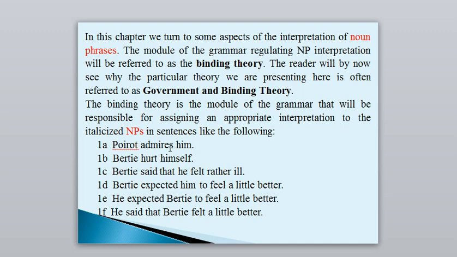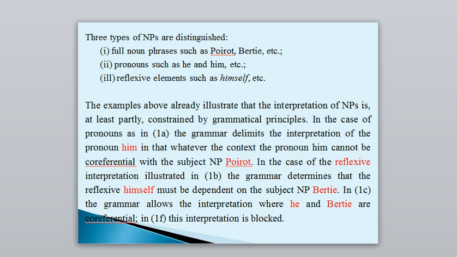This pronoun cannot refer back to Poirot. It is another person, because him in this sentence means another person other than Poirot.